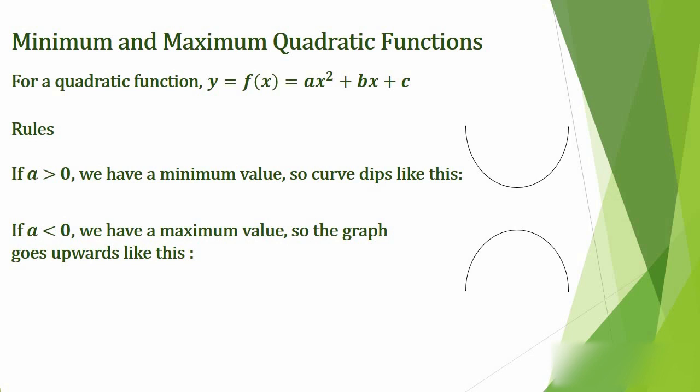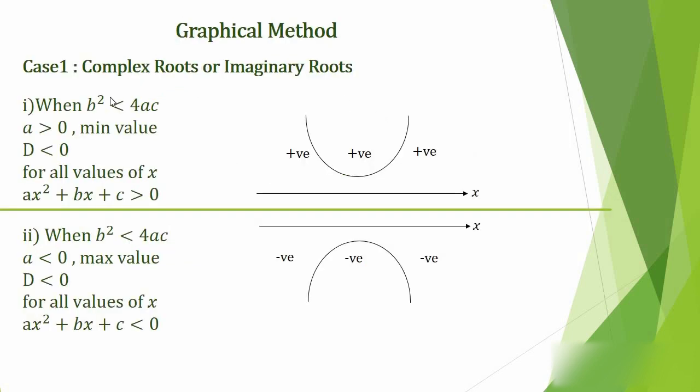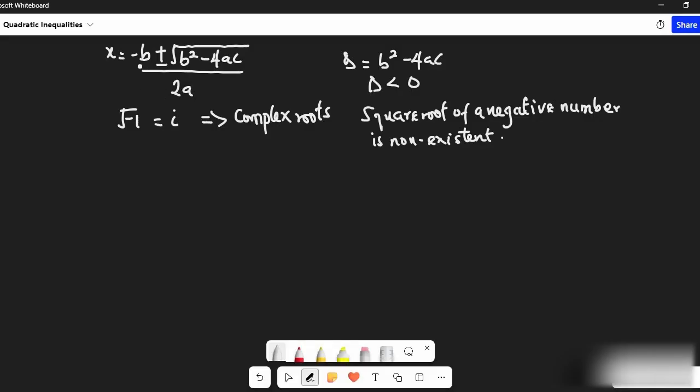solving quadratic inequalities. Now, in the case where we have complex roots, where b squared is less than 4ac, it would mean that in the quadratic formula, which is given by x equals minus b plus or minus the square root of b squared minus 4ac over 2a, the square root of b squared minus 4ac will be non-existent, because b squared being less than 4ac would mean that b squared minus 4ac, which is usually represented as D, called the discriminant.